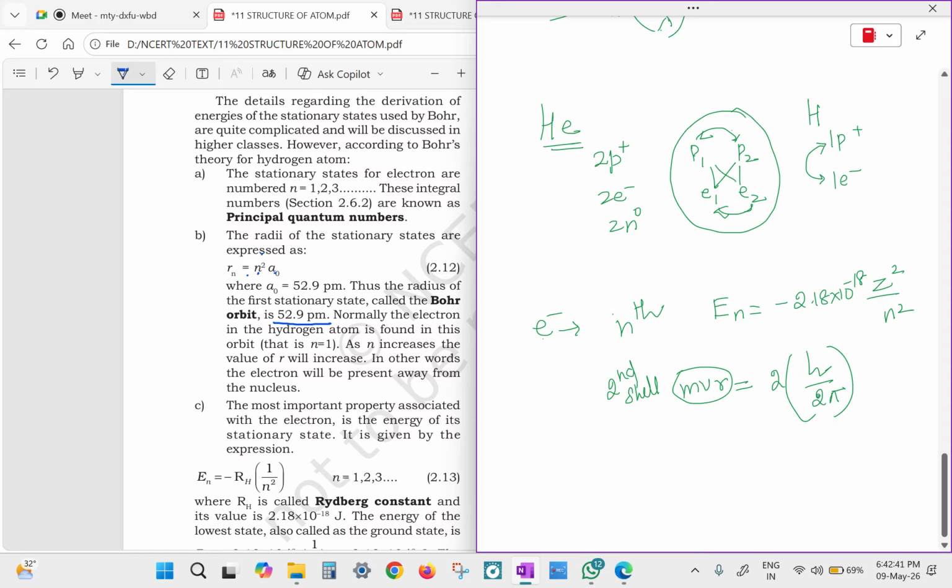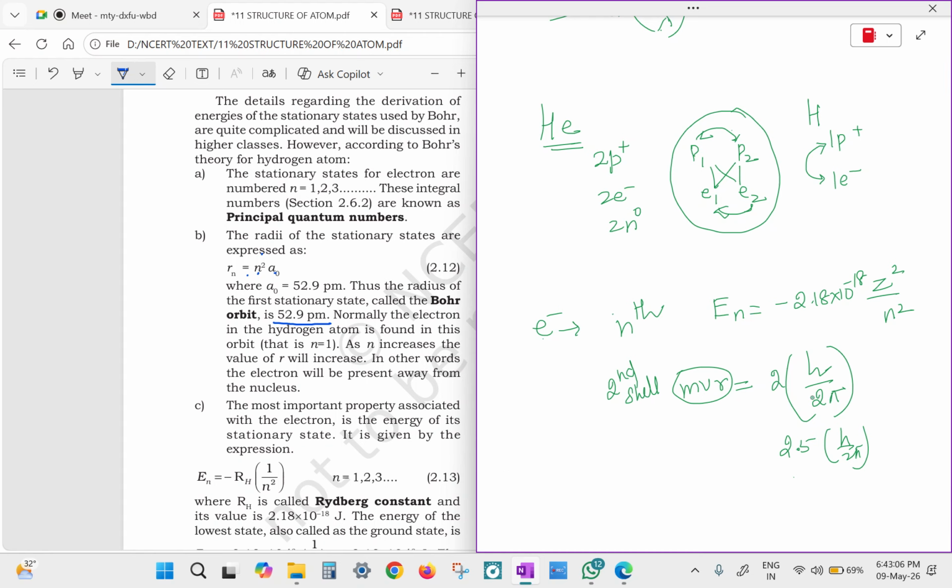Clear? Yes, ma'am. It cannot be 2.5 times h upon 2 pi. That means an electron can belong to either the first shell, or second, or third, or fourth, or fifth. Any integral number is okay, but not a fractional value. So it also points to the fact that the electrons are present in quantized energy levels.